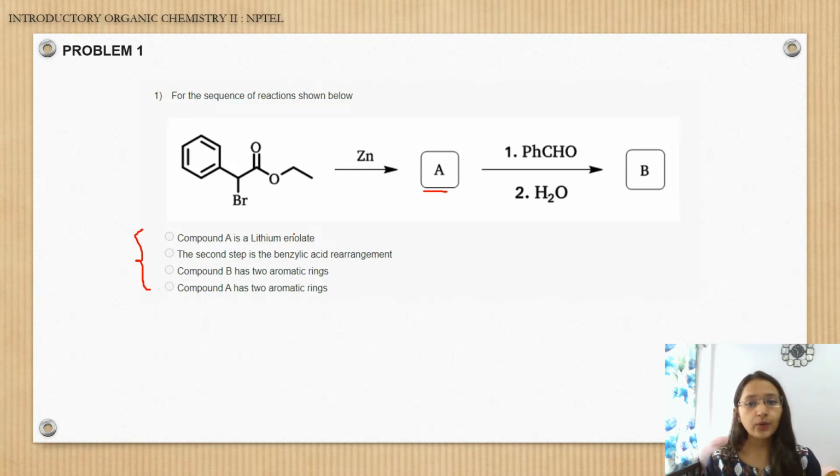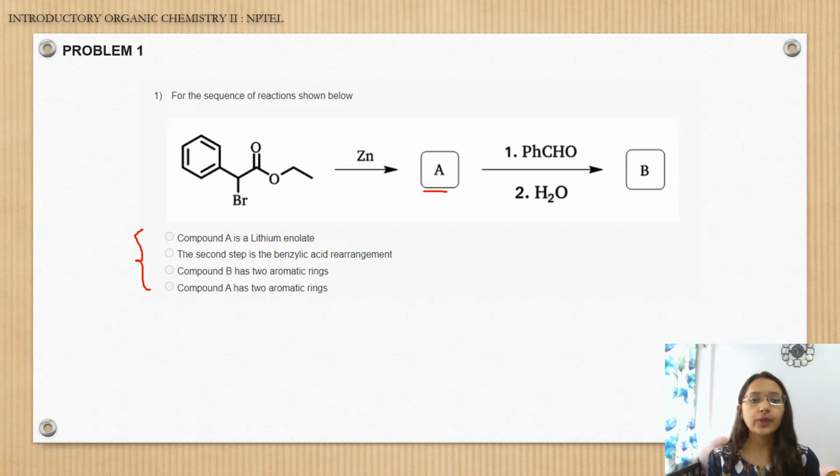Because LDA has lithium as the counter ion, the enolate generated is the lithium enolate, since after conjugation the O minus has lithium as its counter cation.